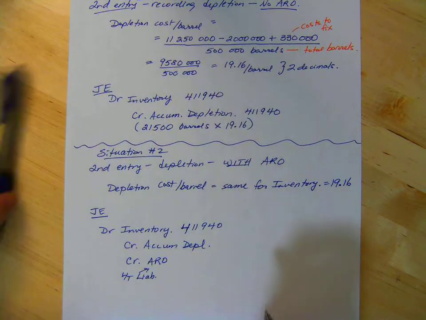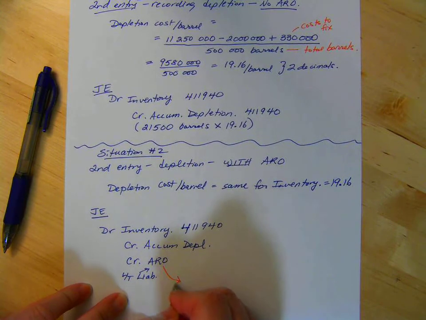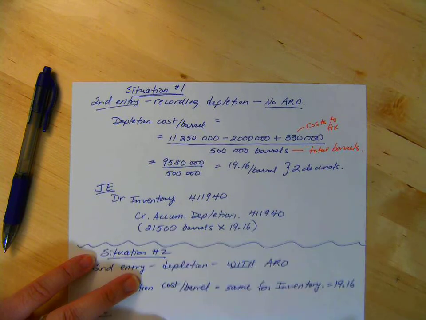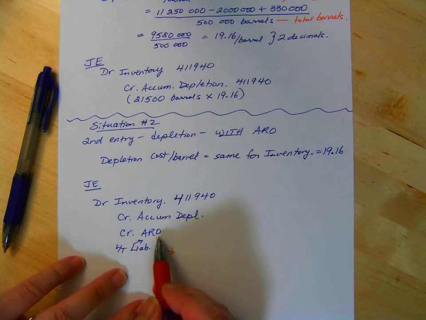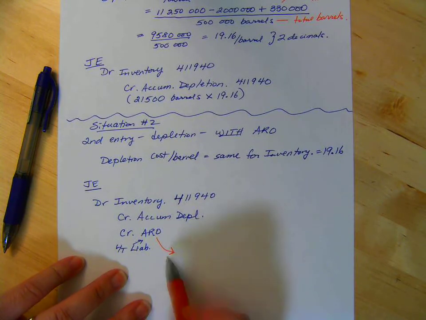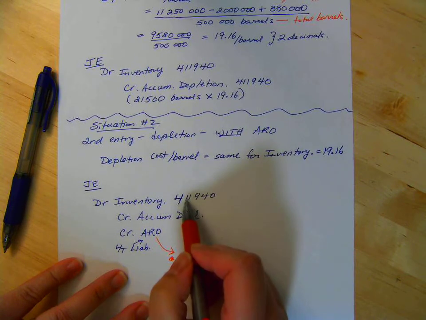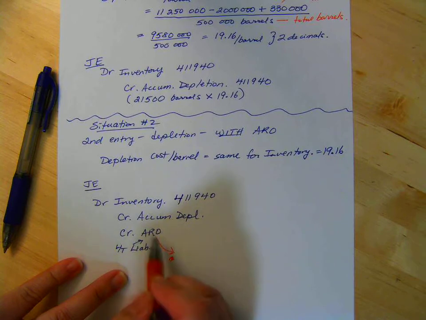Now, the calculation for ARO is we're isolating that 330, the cost to fix. And we're saying none of it's going into inventory. Or rather, not none of it's going into inventory. We have to create a liability for it for later.